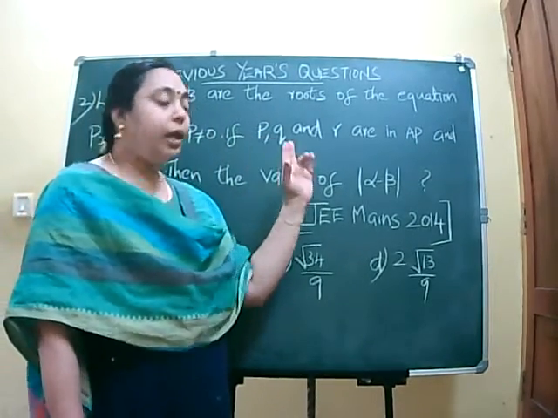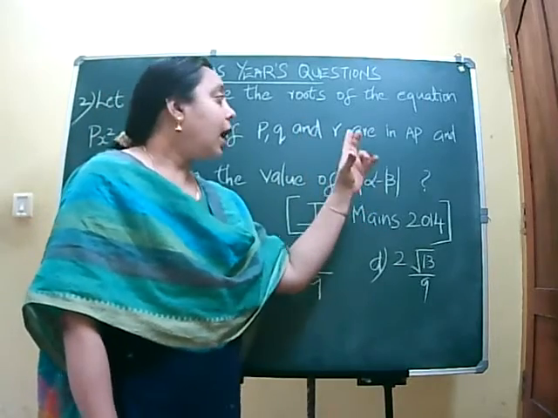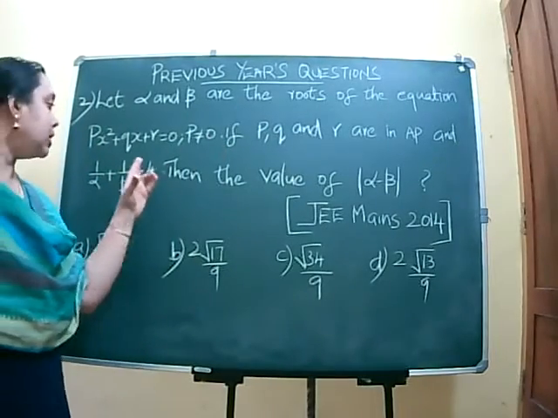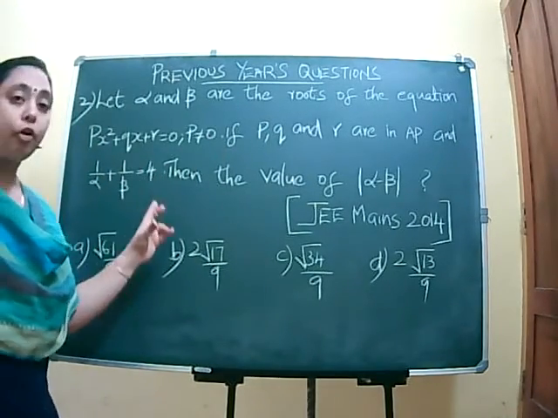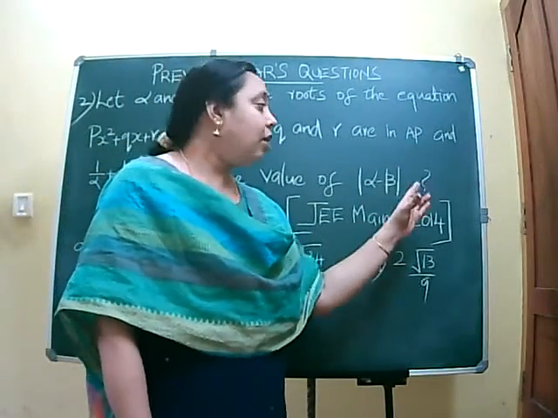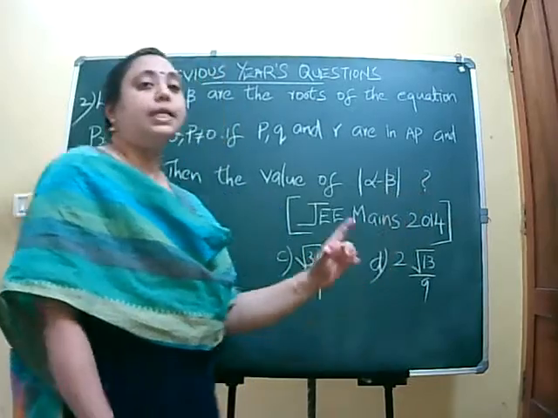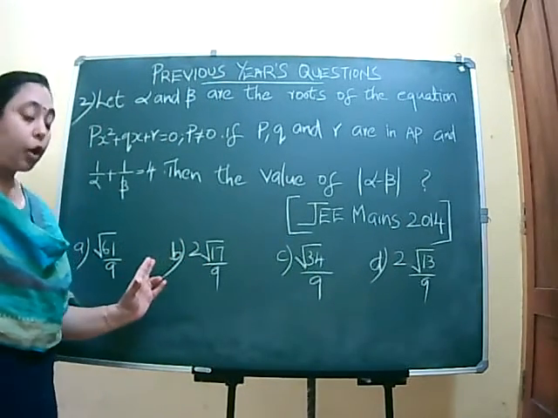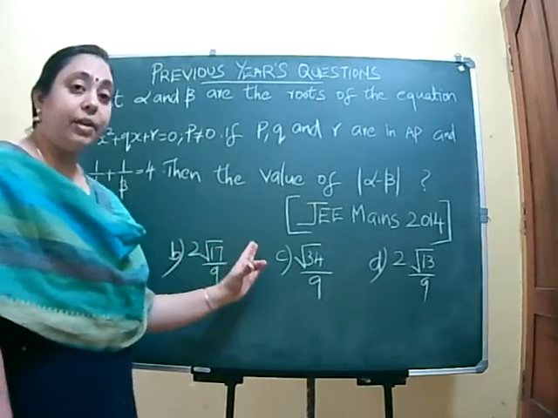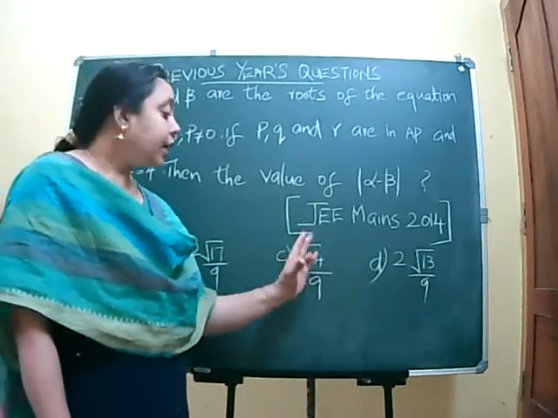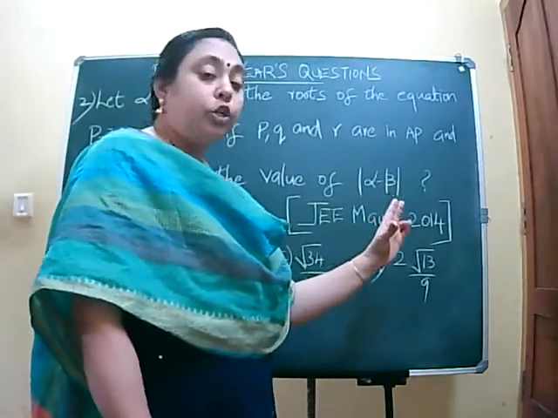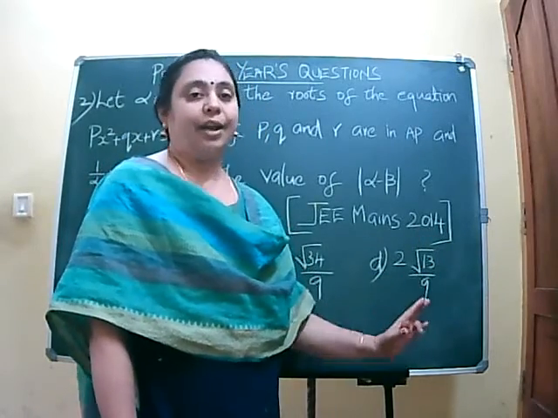If p, q and r are in AP and 1 by alpha plus 1 by beta is equal to 4, then the value of modulus alpha minus beta. Options A. Square root of 61 by 9. B. 2 root 17 by 9. C. Square root of 34 by 9. And D. 2 root 13 by 9.